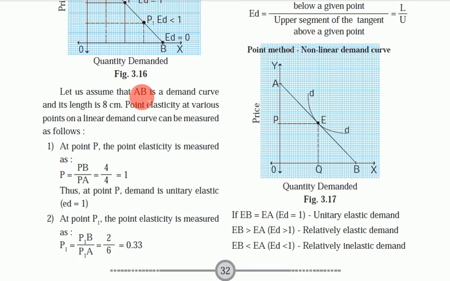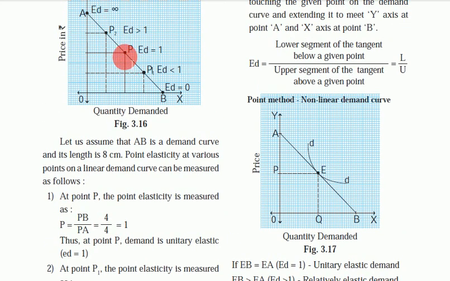The following formula will be applied while calculating the elasticity of demand under this third method, that is, the geometric method or point method. Now first at point P, we will calculate the price elasticity of demand on the demand curve.